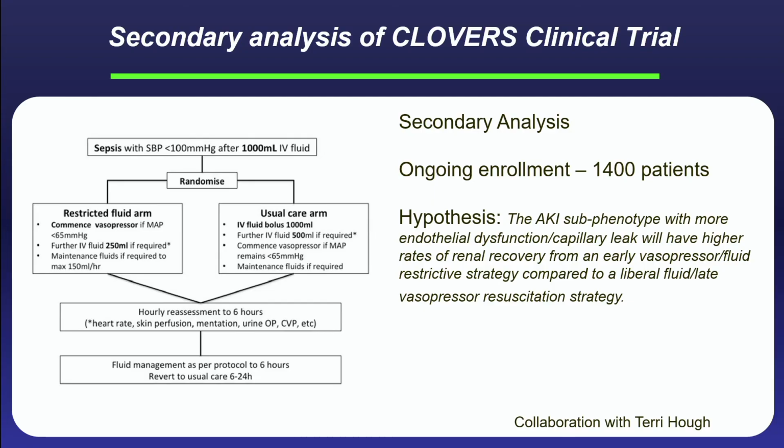Our hypothesis is that patients with AKI subphenotype 2, so more endothelial injury, may benefit from an early vasopressor strategy. We have approval to work on the blood samples that were collected prior to randomization for this trial. Hopefully down the road I can share with you some of the results of this.